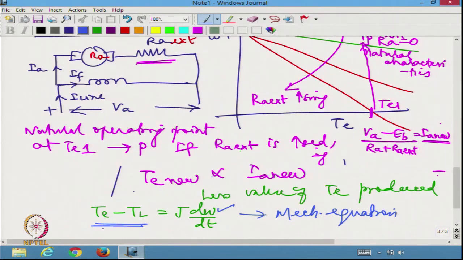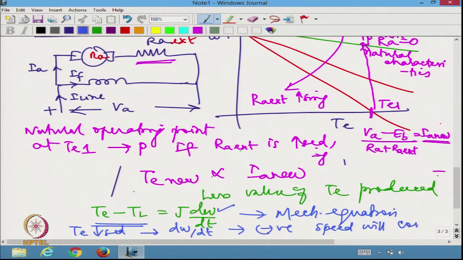Now, TE has decreased. Because TE has decreased, I am going to have d omega by dt being negative. If this is negative, speed will come down.